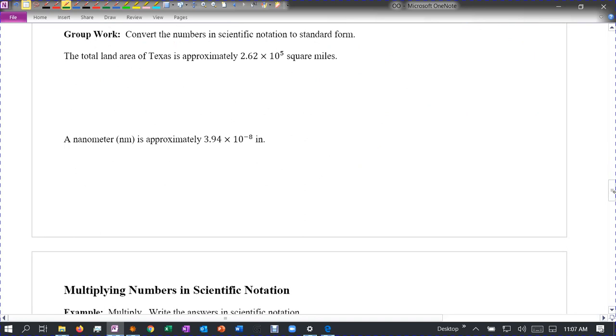Okay, so this group work says convert the scientific notation to standard form. So for this one, we're going to take our 2.62. This is a big number, so we're going to move our decimal to the right. 5, 1, 2, 3, 4, 5. Put zeros there. So we get 262,000 there.